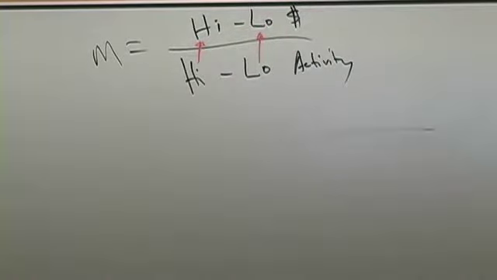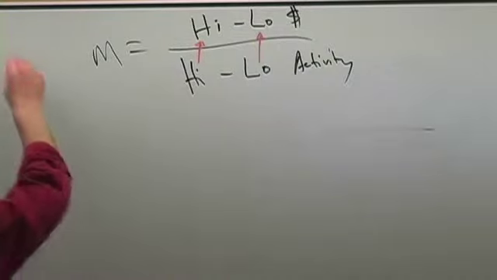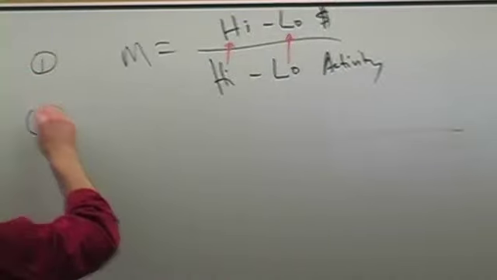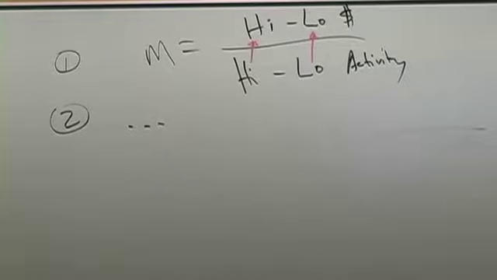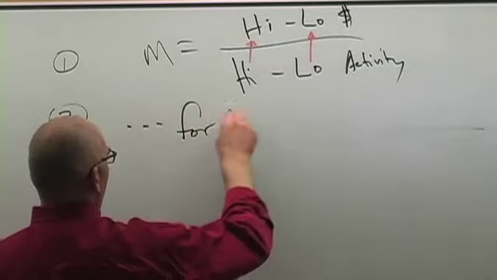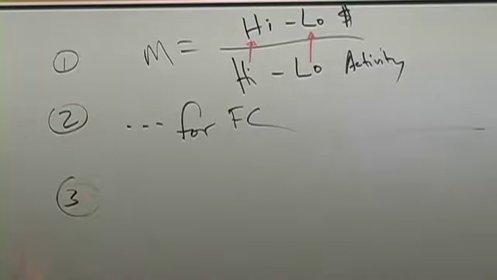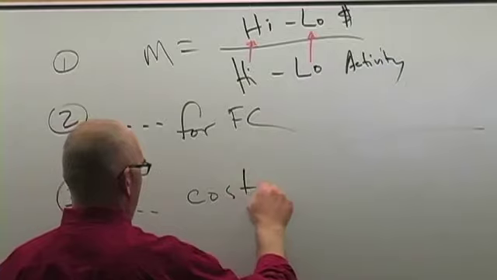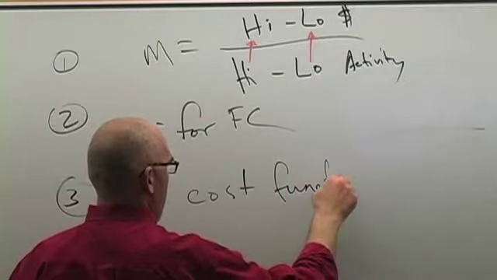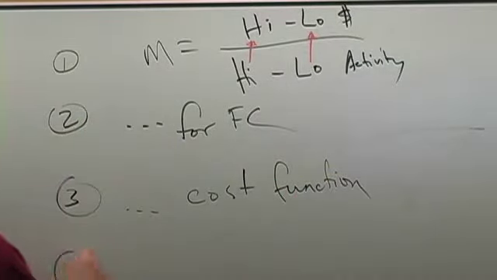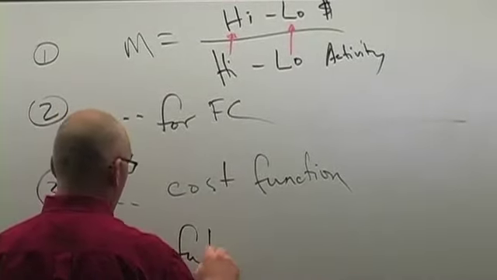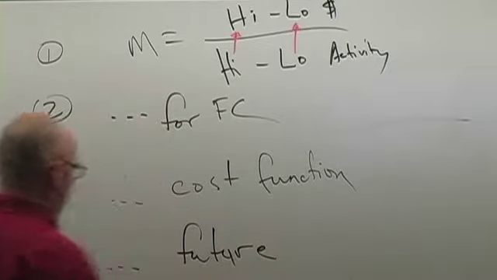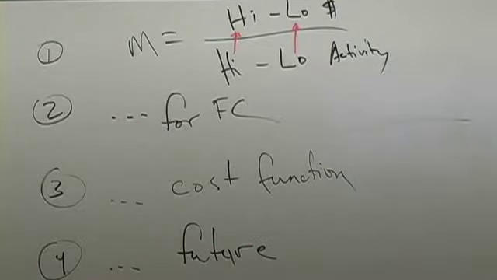We want high and low activities and the corresponding dollar amounts. Solve, so that's number 1. 2, solve for fixed costs. 3, create a cost function. 4, predict the future. Okay?